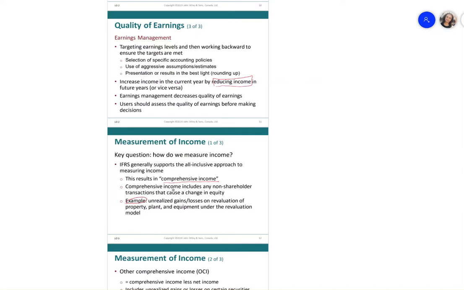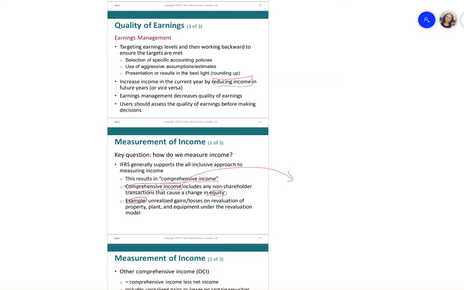Comprehensive income includes any non-shareholder transaction that causes a change in the equity. Whatever is in our comprehensive income gets closed out to accumulated other comprehensive income.